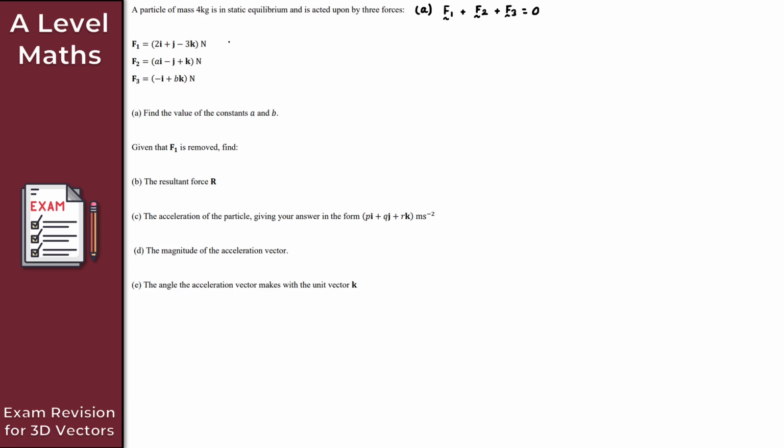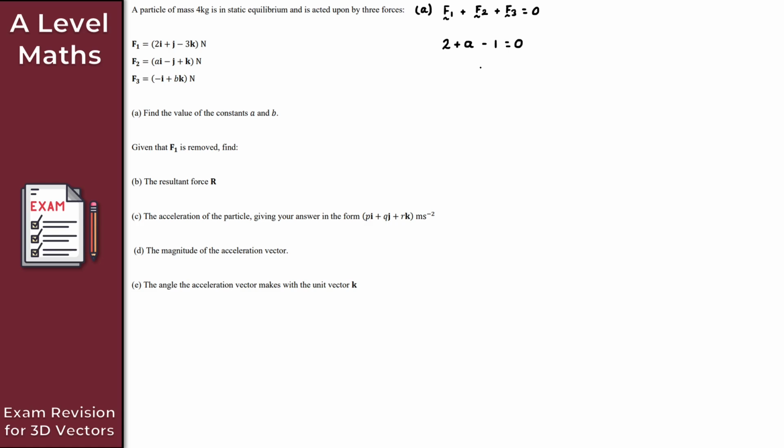So all we need to do here then is take the coefficient of each unit vector, add those together for each vector, and just set that equal to 0, right? So what I mean by that then is, for example here, 2 plus A plus minus 1 is equal to 0. So 2 plus A plus minus 1, which is just the same as subtracting 1, is equal to 0.